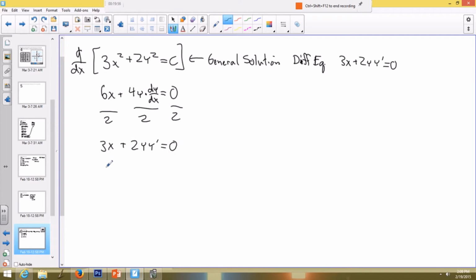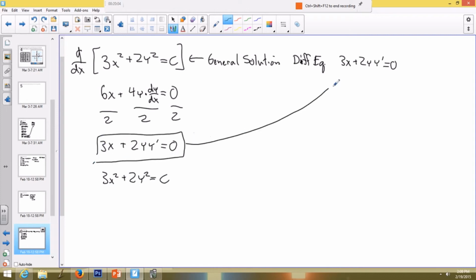Well, for the particular solution, I take my 3x squared plus 2y squared equals c, this original one. I go back to my original function, and I say, all right, I have been given y equals 3 when x equals 1. So I plug those values in. I've got 3 times 1 squared plus 2 times 3 equals whatever constant.